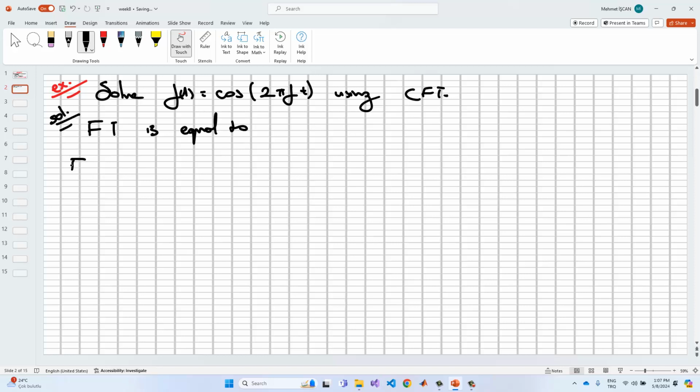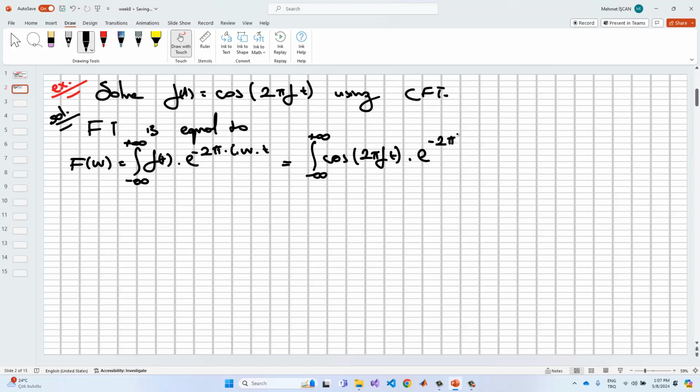F(w) equals the integral from minus infinity to infinity of f(t) e to the minus i 2 pi w t, and so we can write the integral from minus infinity to infinity of cosine 2 pi f t times e to the minus 2 pi i w t.